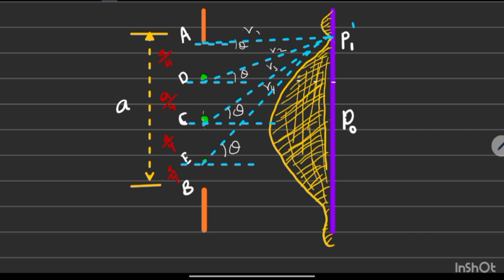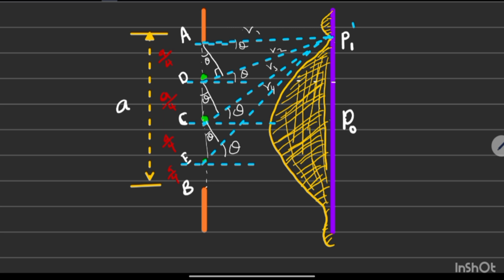Now this is exactly the same angle that a line drawn perpendicular to second ray will make. So this perpendicular line will make exactly the same angle. Since they are corresponding angles, this will be also theta. Okay, now here also it is theta.